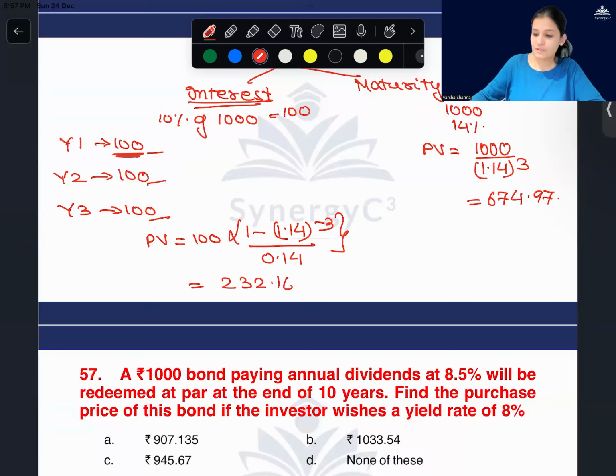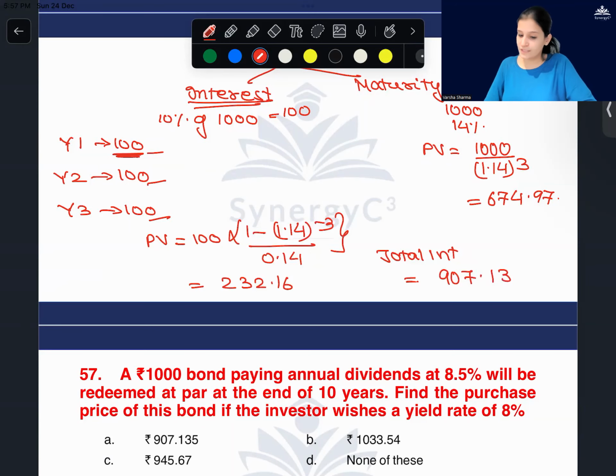Right? 16 or 60. Total interest will be, add both of them up. 907 point. Let's see.